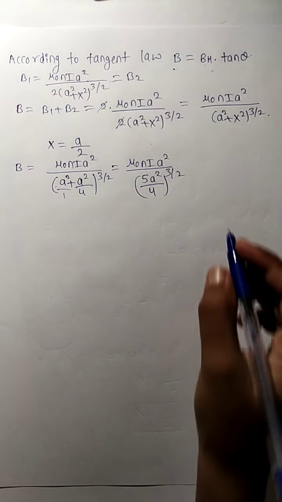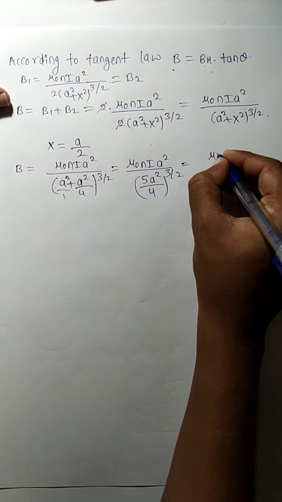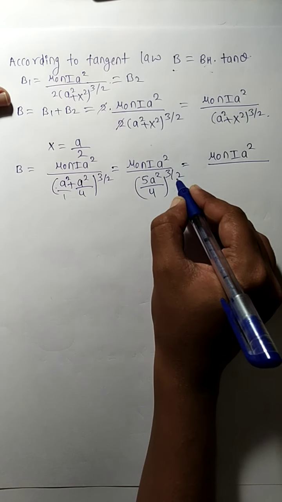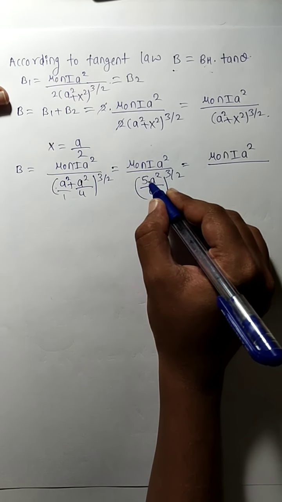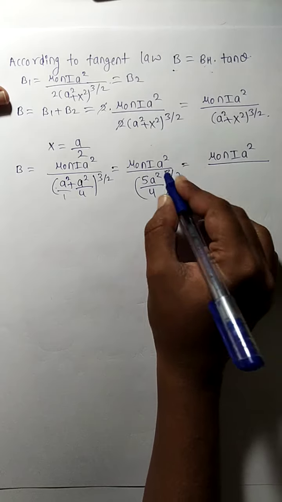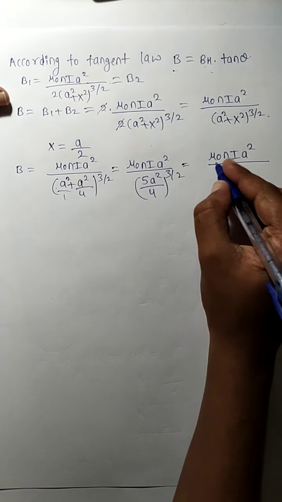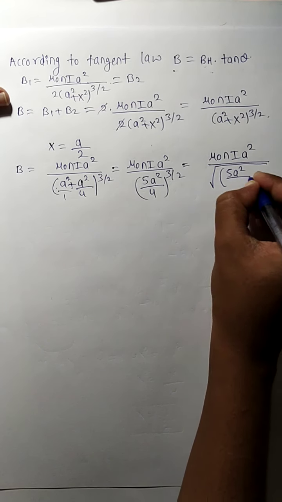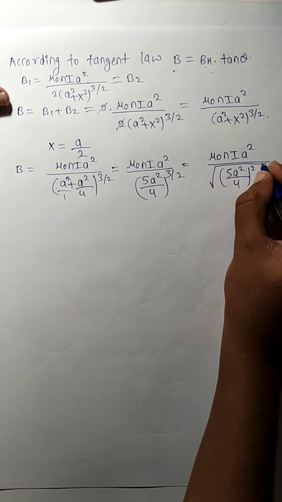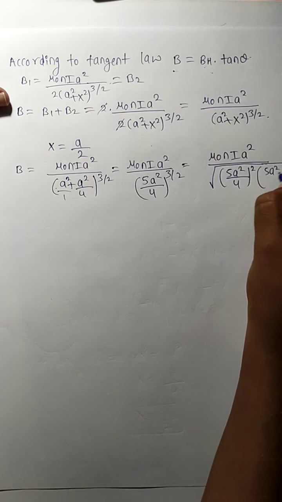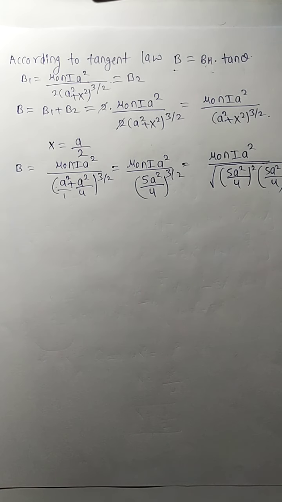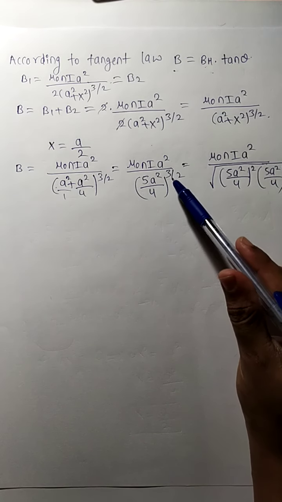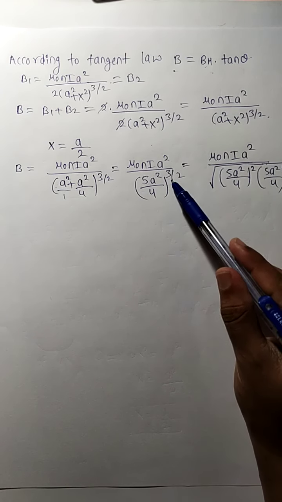Now this is equal to mu naught N i A square divided by, so raised to 3 by 2 means three times the square root of 5 A square by 4. So raised to the cube means 2 plus 1, the 3 times square root.